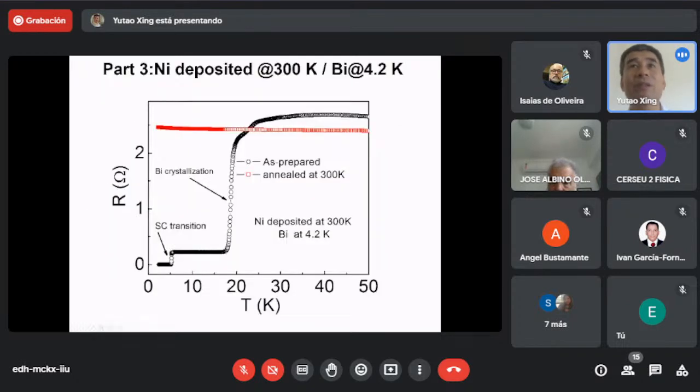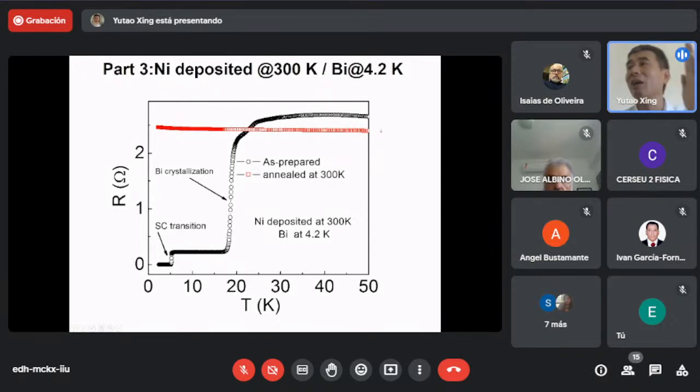So we performed the third part of the experiment. First of all, we did the low temperature deposition of bismuth here. No, first we deposited nickel first at 300 Kelvin. So we showed that the nickel has no superconducting transition.